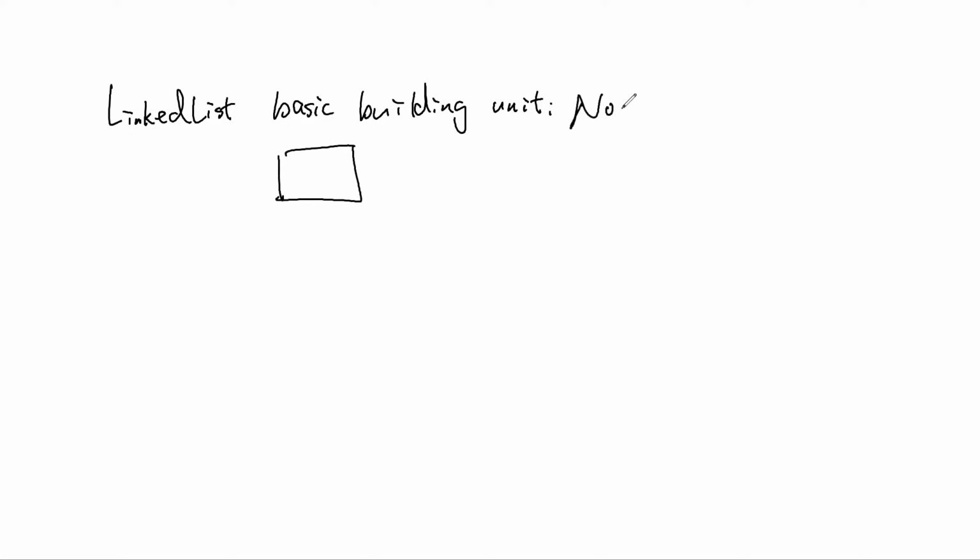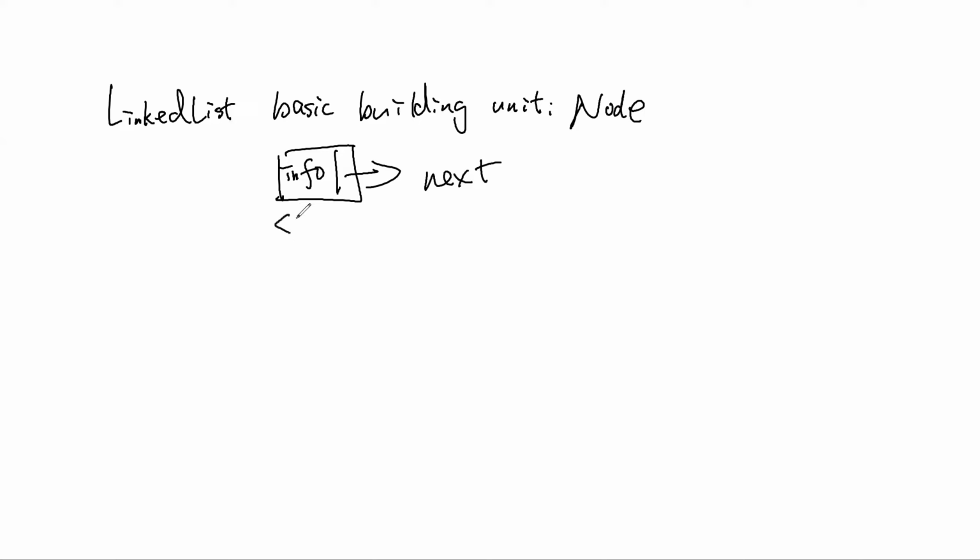So linked list, the basic building unit is what? Is a node. A node has two parts, information part and next.